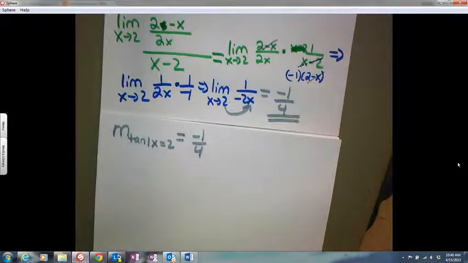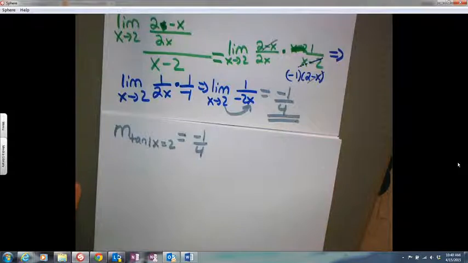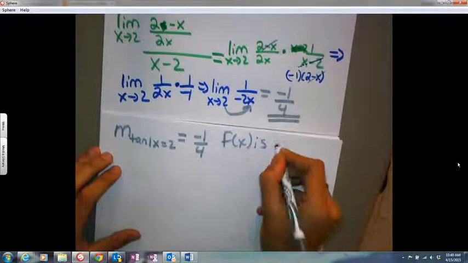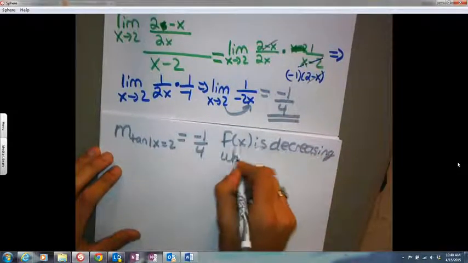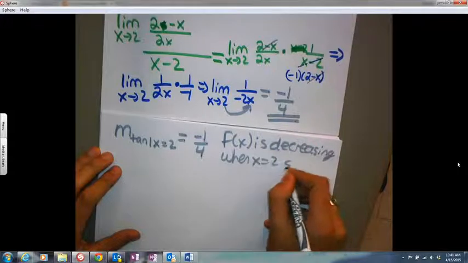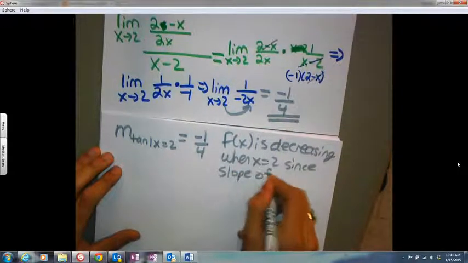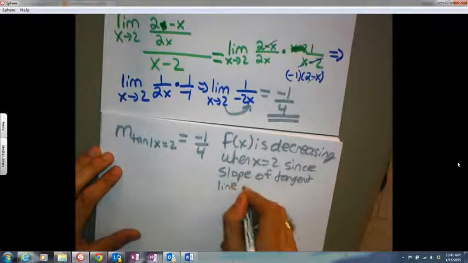Yeah. So we're going to say that f of x, the function, is decreasing when x equals 2, since the slope of the tangent line is negative at x equals 2.